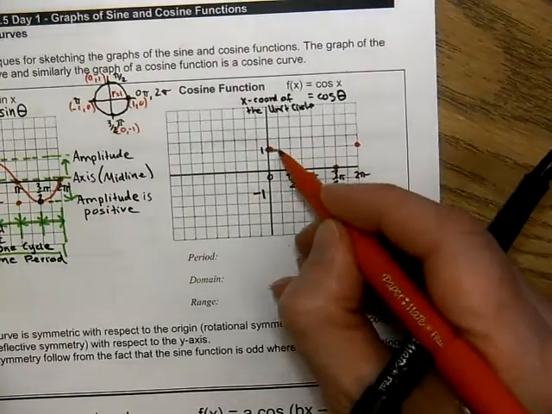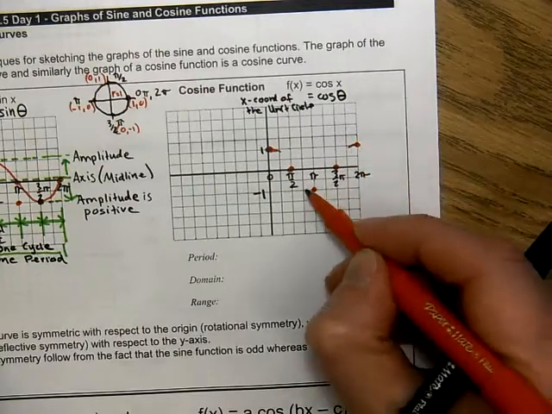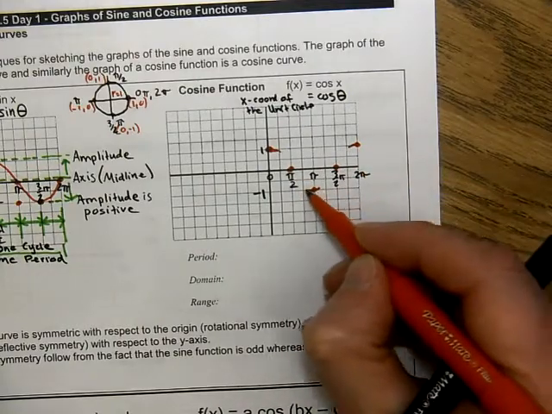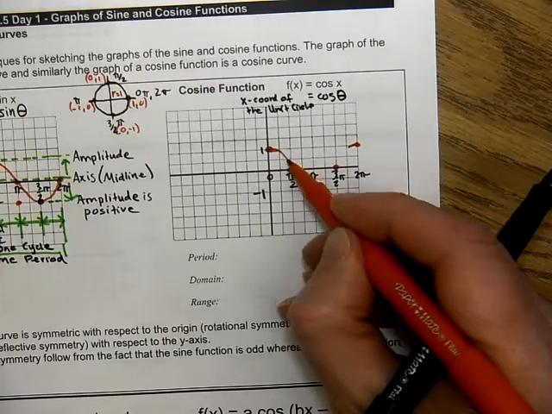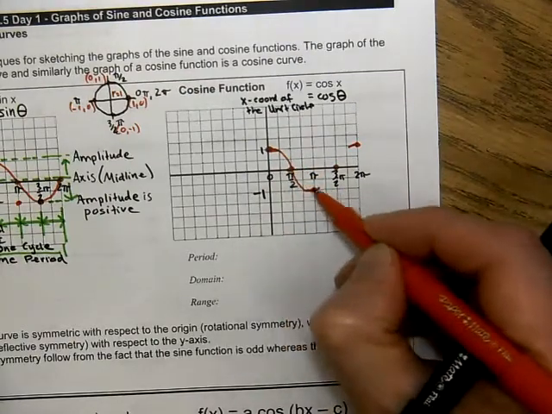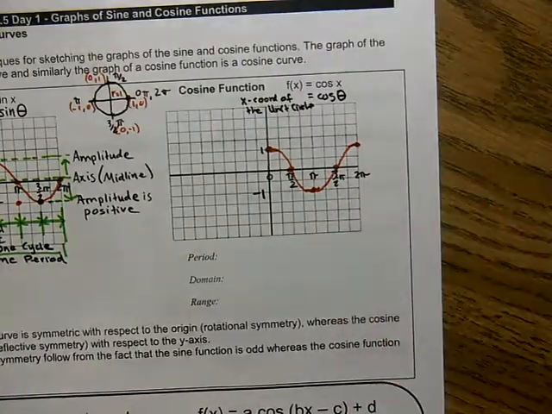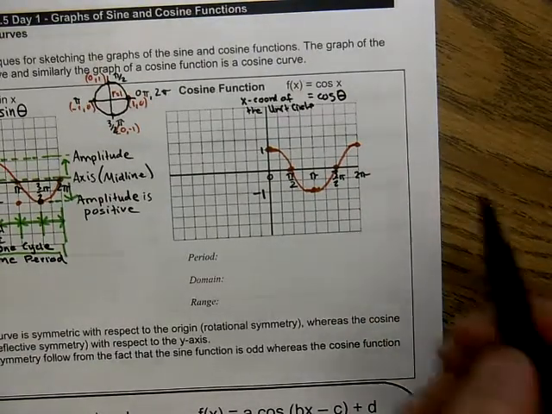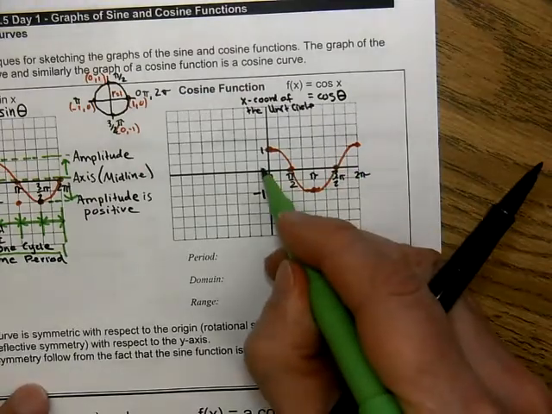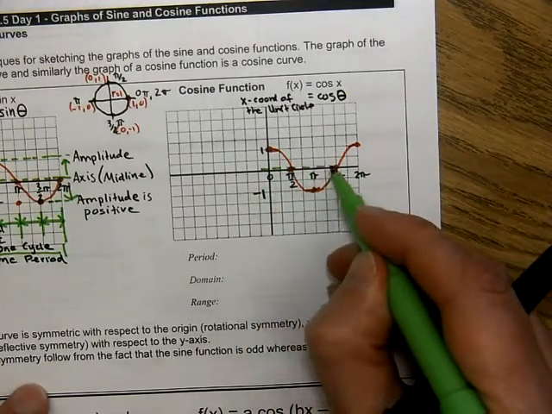You want to give it a little bit of an almost horizontal or very shallow curve at the maximum and minimum points, and then curve kind of steeply, almost at a 45-degree angle, through those second and fourth critical values. And so once again, you have your midline, your axis, right?